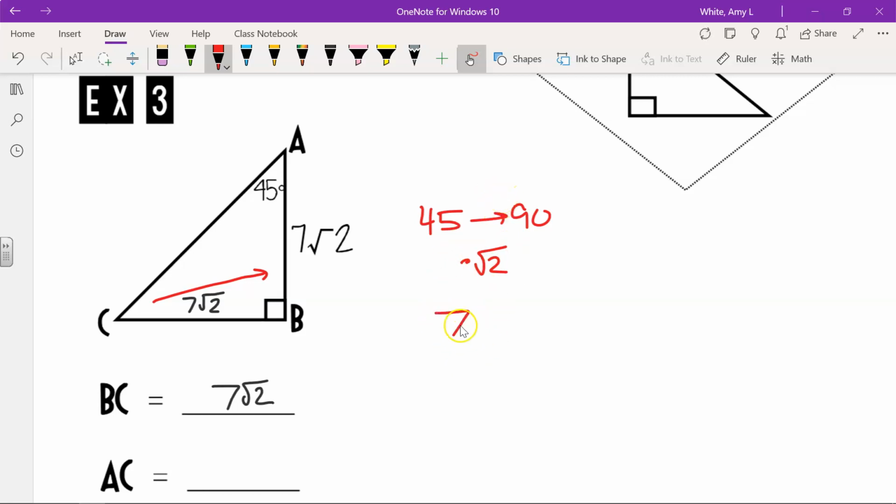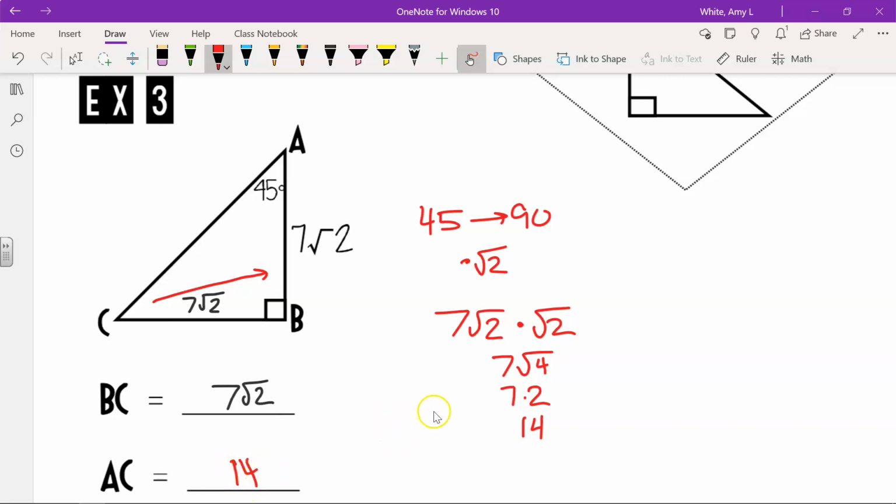That means that we do 7 root 2 times root 2. Now you might know that root 2 times root 2 is just going to be 2 outside of a radical, or you might multiply the numbers inside the radical. We get 7 root 4. 7 times 2 is 14. So AC is going to be 14.